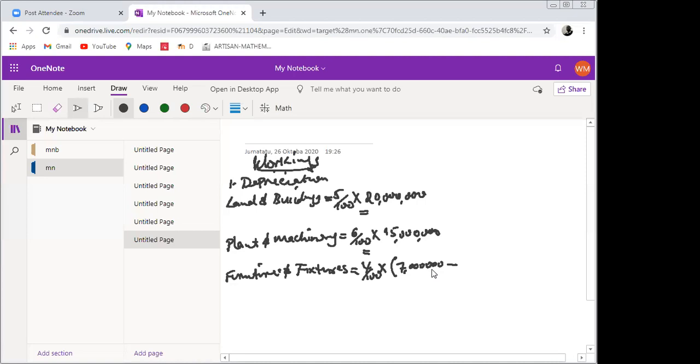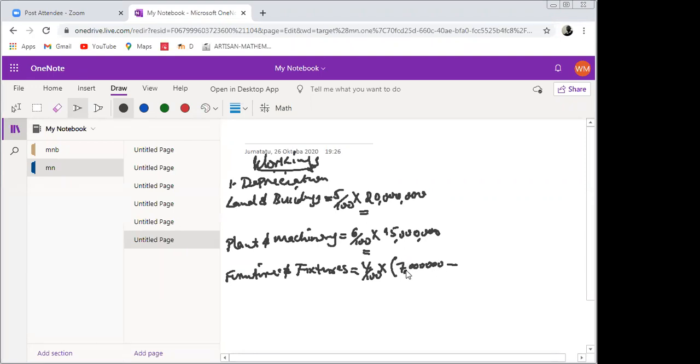You minus accumulated depreciation, and that is what we have been given below there. Once you have been told furniture and fittings at 4% reducing balance, below it you have been told the accumulated depreciation as at 1st January 2018 for furniture and fixtures. That is the figure you need to use in subtracting here.